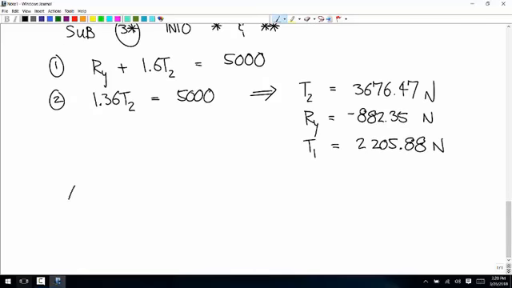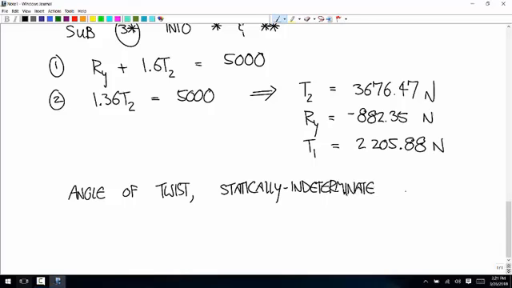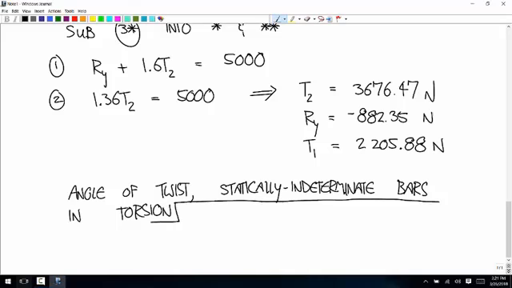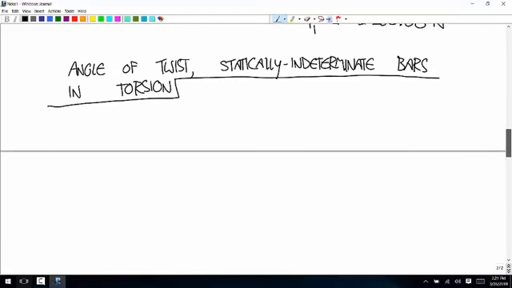So now we're going to talk about angle of twist and statically indeterminate bars in torsion.